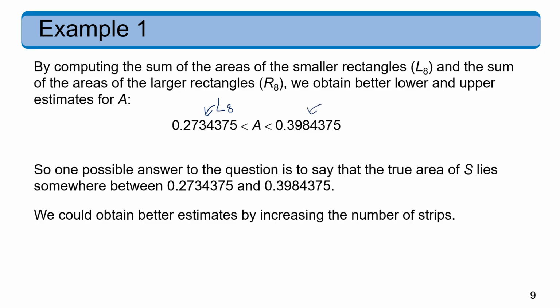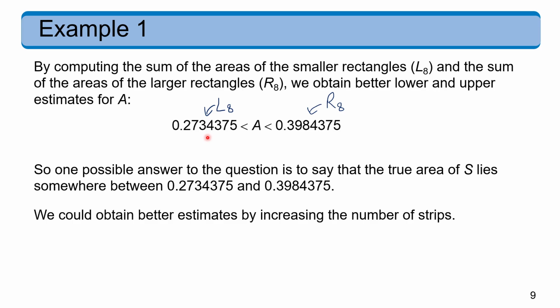Based on the picture, we can see that for R8 the rectangles were taller than the region we're trying to find, so we knew the estimate R8 was too big. So the actual area is less than R8. And we could see from our picture of L8 that estimate was too small because the rectangles all lie below the curve. So the true area is bigger than L8.